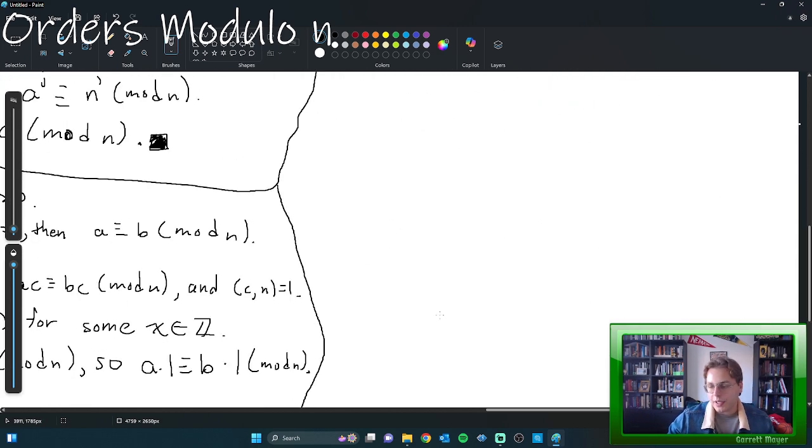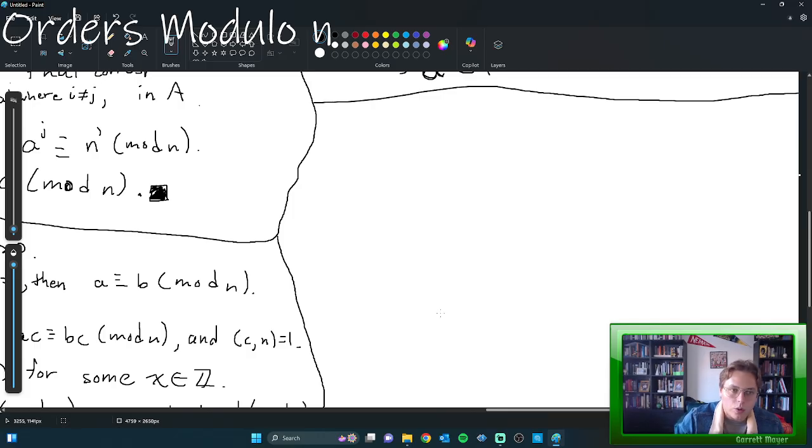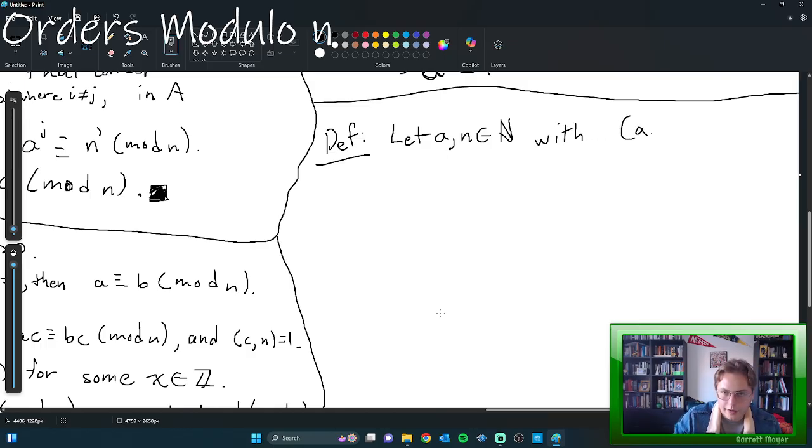And what this ultimately gives us is a definition of orders. Definition. Let a and n be naturals with GCD of a and n equal to 1.